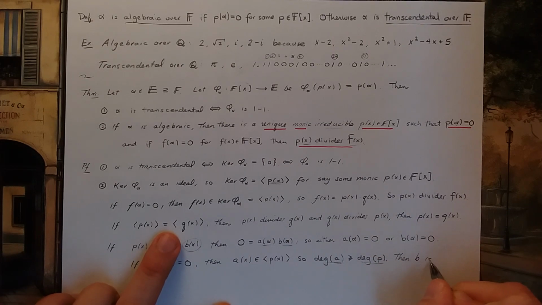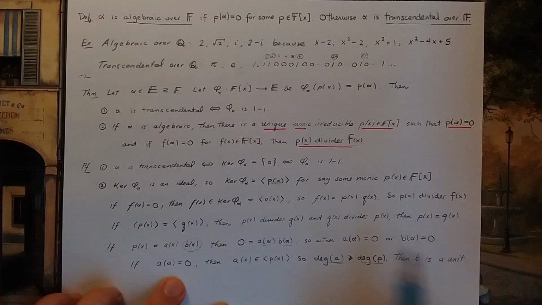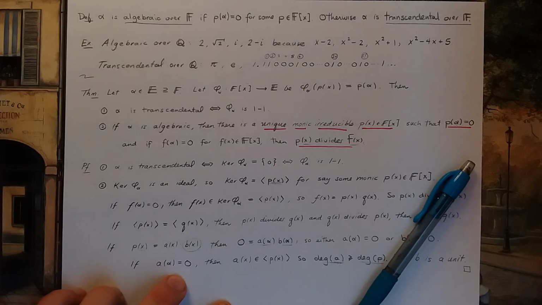Then b is just an element in my field, meaning that I can't have a non-trivial factorization of p. This shows that p is indeed irreducible. And if b of alpha is 0, a symmetric argument holds. So this proves that I indeed have an irreducible p. Okay, great. I'll see you next time.